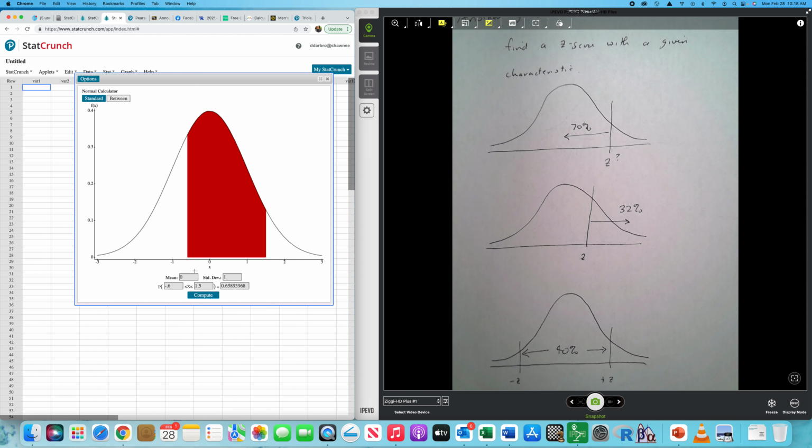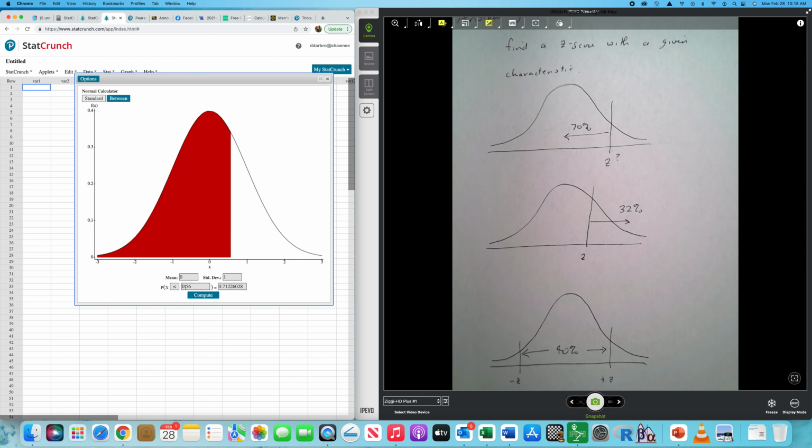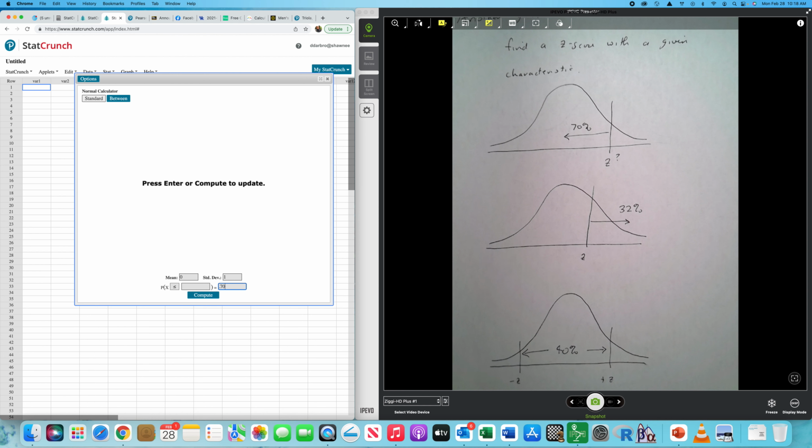Well, finding it's easy. 0, 1. I need below or above, right? So I need that to be below. But I need my area, not the z-score, to be 70%.